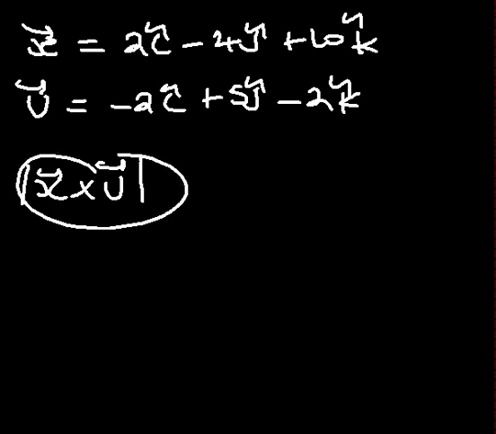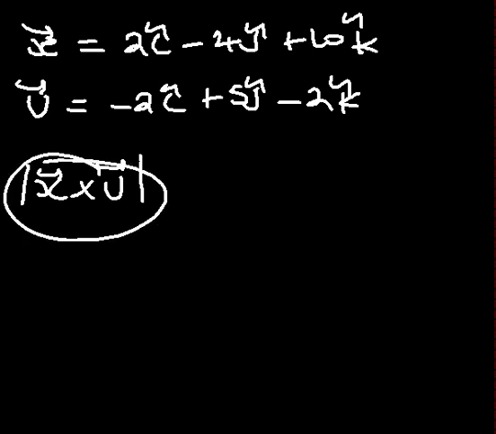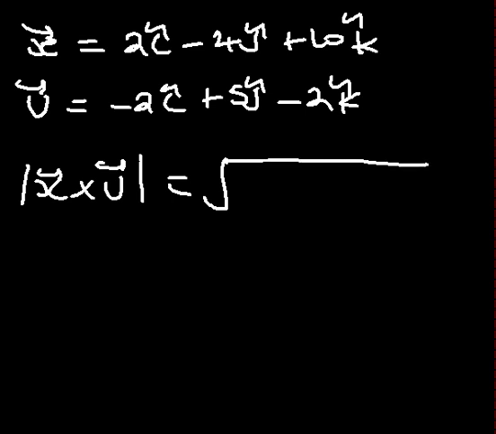This symbol represents that we should go through the magnitude of the vectors upon having the cross product. So the essence behind it is, much as you already know how to find the magnitude of vectors, we'll have the square root of x squared plus y squared plus z squared.